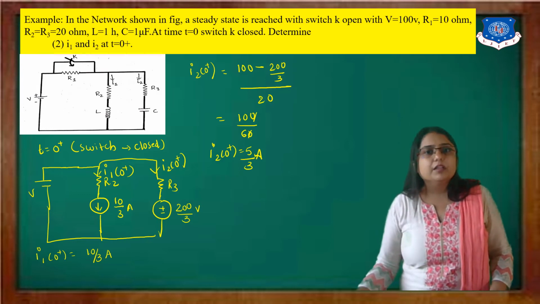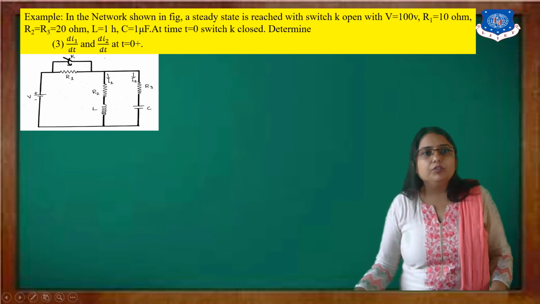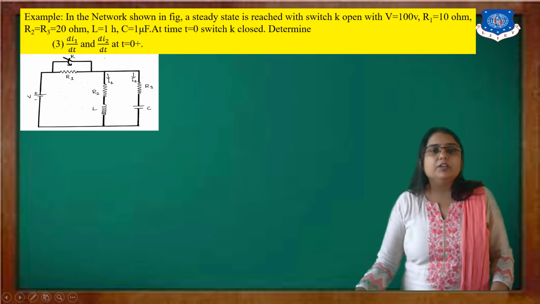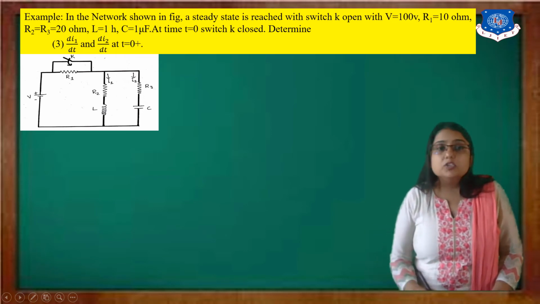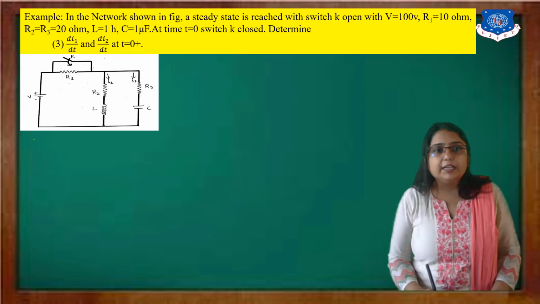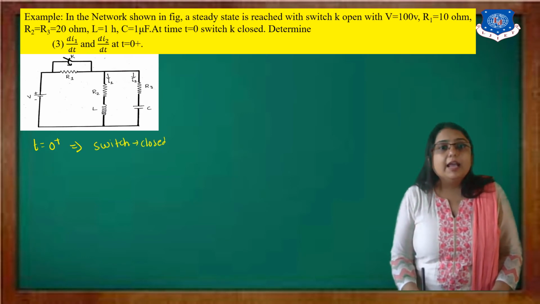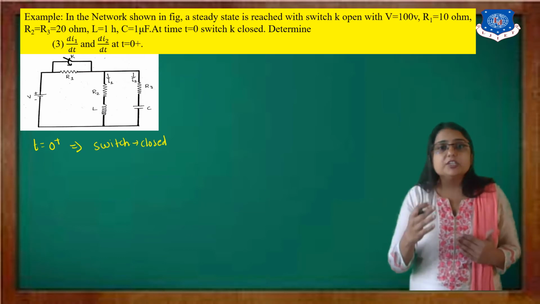Okay. Now third, we want to find out di1 by dt and di2 by dt at t equal to 0 plus. Again, I am just repeating, at t equal to 0 plus I have to consider the switch as closed. And here the differentiation is there.